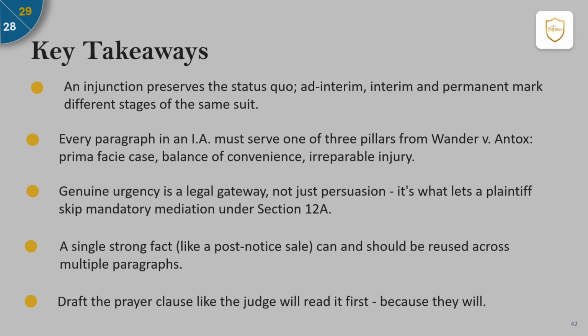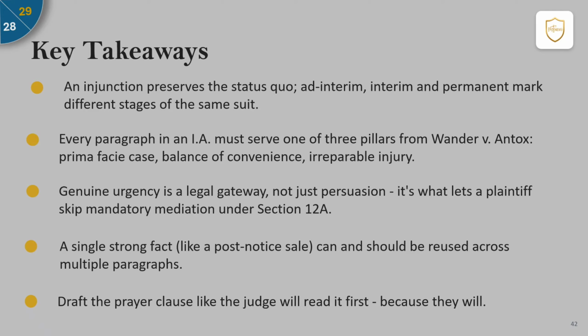Now let's recap the whole session from both parts that we have studied. In Part A, the basic part about what an injunction actually is. We also studied that every paragraph in an IA must serve one of the three pillars from Wander versus Antox. We also studied that genuine urgency is not just persuasive language under Section 12A.